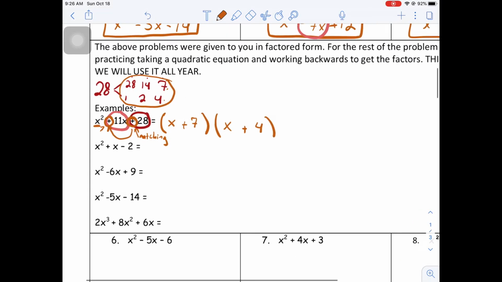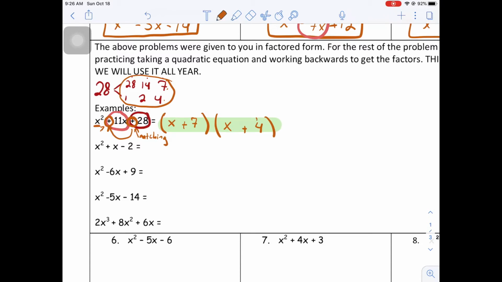Okay? So now we can double check, right? x times x should give us this x squared. 7x and 4x should give us 11x, and then 7 times 4 should give us 28. Okay? So if I asked you to factor x squared plus 11x plus 28, you should get out this answer.